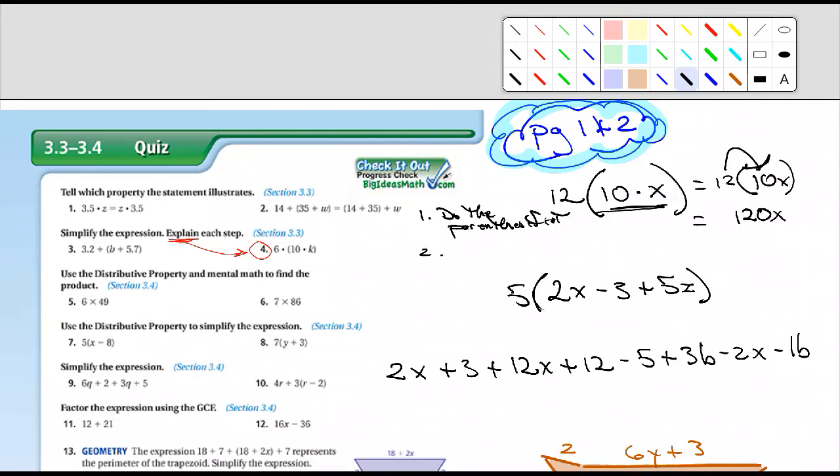Number 2, then multiply the 12 by what's in the parentheses. So we write it out like that? Yeah, that's all you're doing. You're just writing out the steps that most of you know how to do.